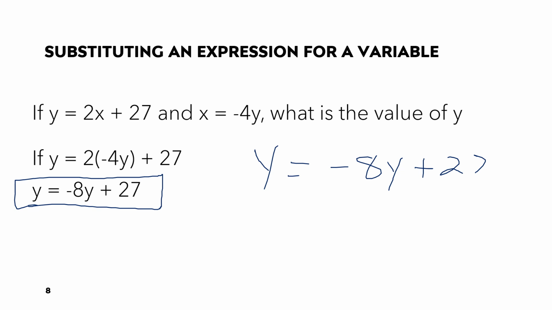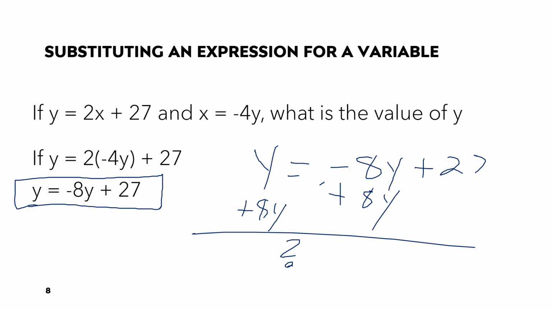What do you do to solve this? That's right, you add 8y to both sides. You want to get a number. Question mark is equal to 27. Can you solve this? Let's see what you can do. Pause the video if you need to.